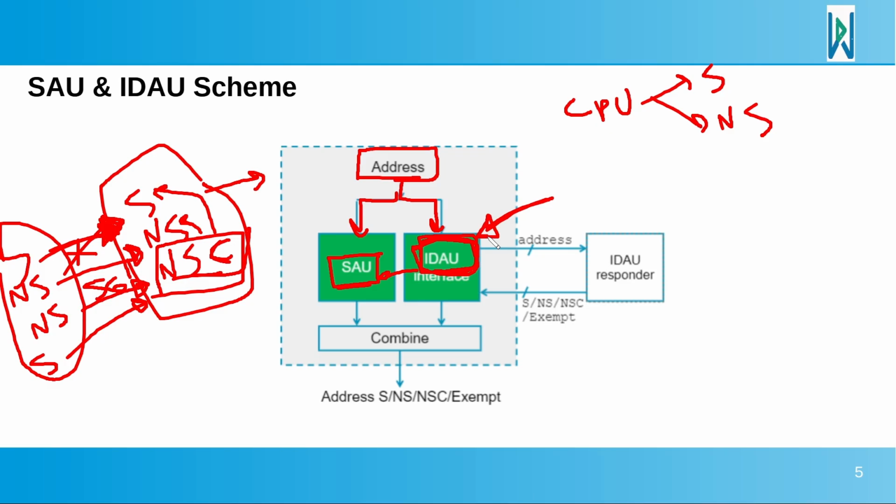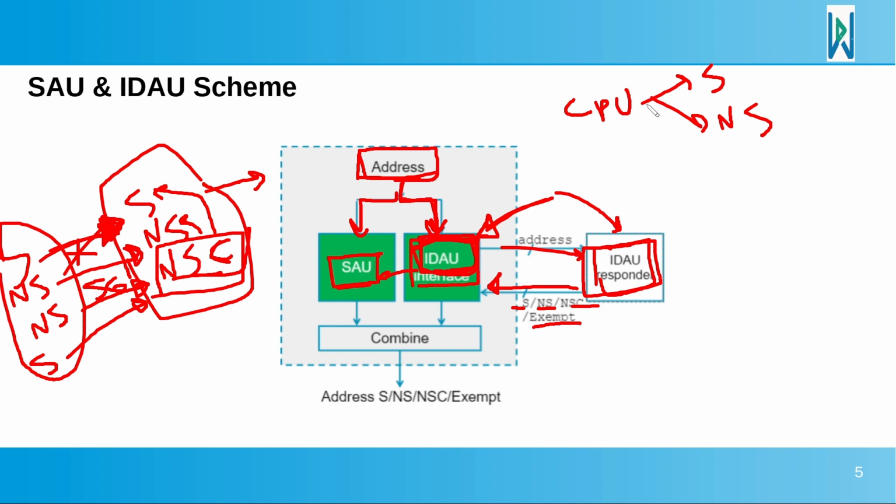Means the marking of those addresses to be secure, non-secure, or non-secure callable is hard-coded and saved within this IDAU responder. And hence, during execution, the address to access will be forwarded to this IDAU interface, and this one will try to communicate with this IDAU responder to get the information if this address is marked as secure, non-secure, non-secure callable, or not configured at all, exempt.